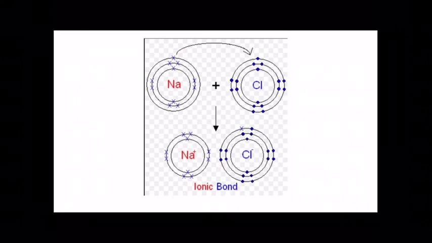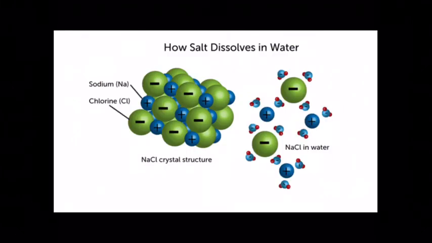Chlorine can take one on, turning it into chloride, which is the chloride ion, and turning sodium into the sodium ion. They now, on the bottom part of the picture, both have charges to them. Sodium has a positive charge, it's a cation. Chlorine has a negative charge, it's an anion. Therefore, because they have those charges, they're attracted to each other, and an ionic bond forms between them. So that's what a salt is.